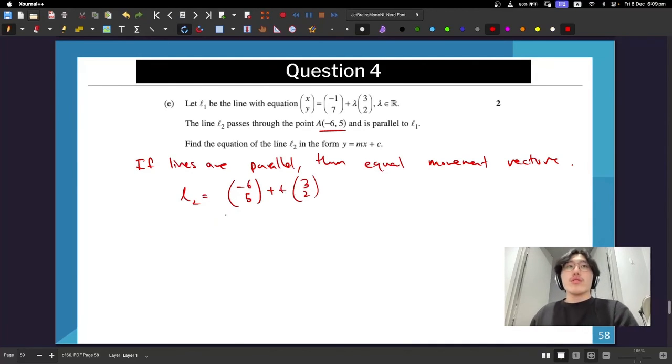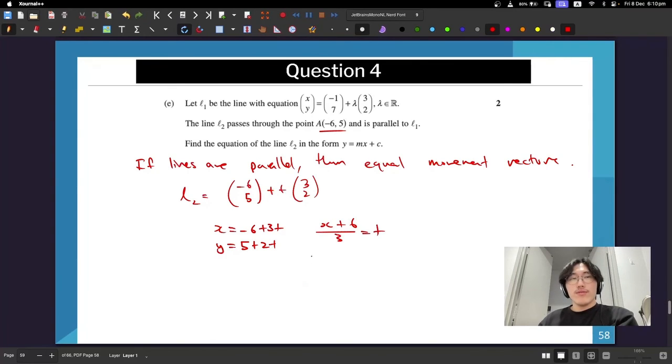Okay, and then we want to find the Cartesian equation. So again, let's find our components. X plus 6 on 3 equals t. We want to find just the components again, equals t, and then equate them together.